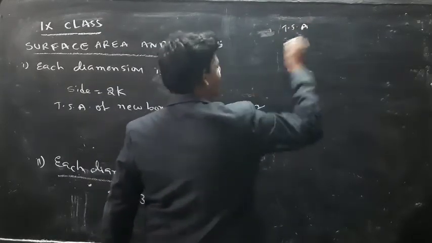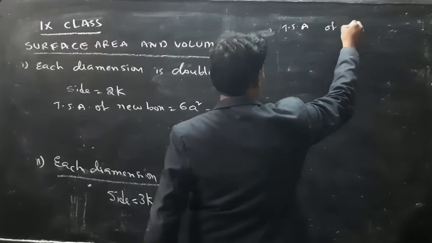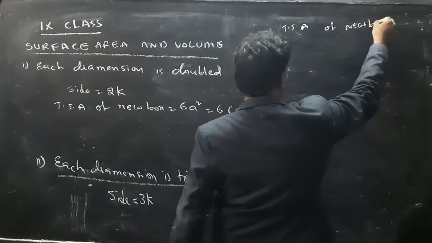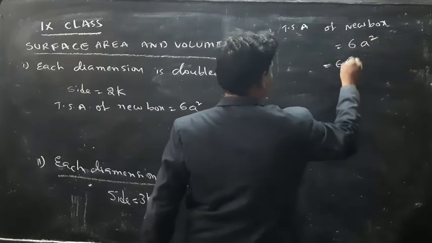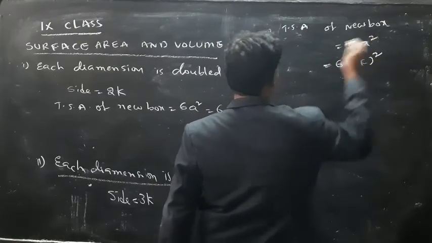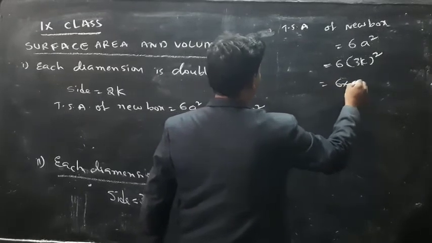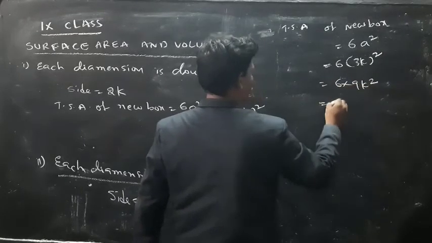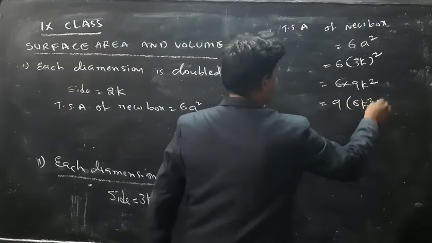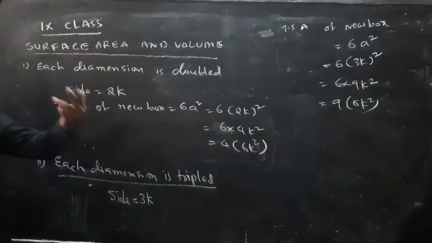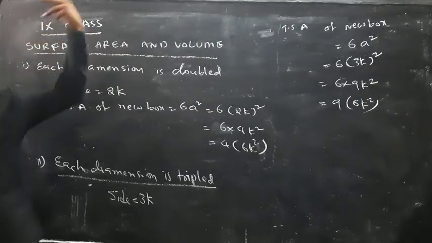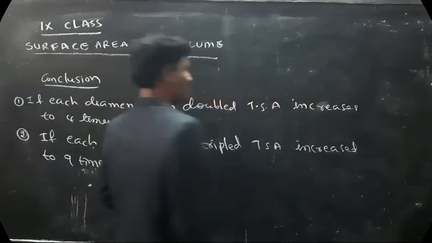Total surface area of new box is equal to 6a square. So 6 into 3k whole square. It means 6 into 9k square. So 9 into 6k square. Here, if I triple each dimension, total surface area changes 9 times to previous.